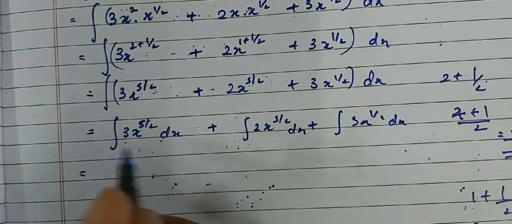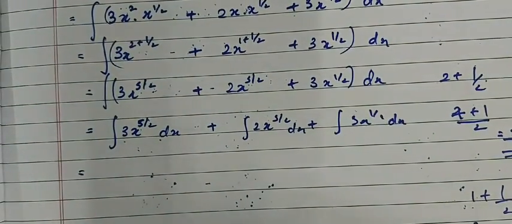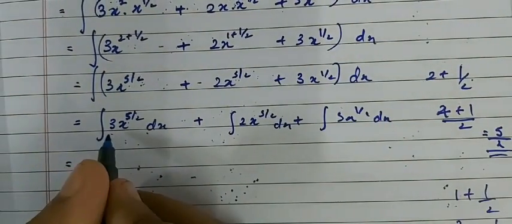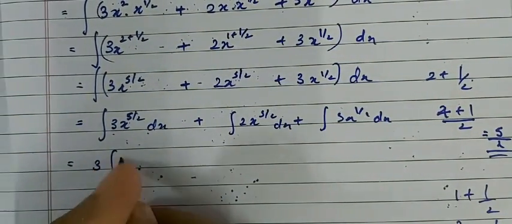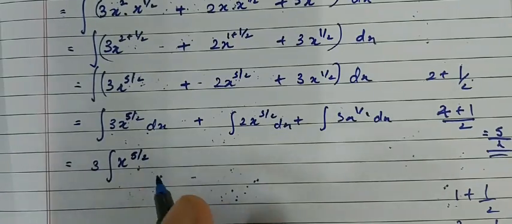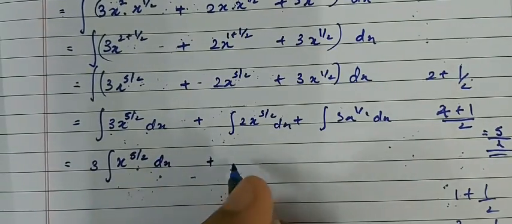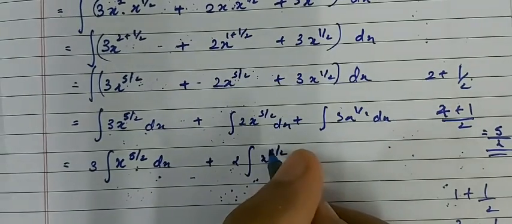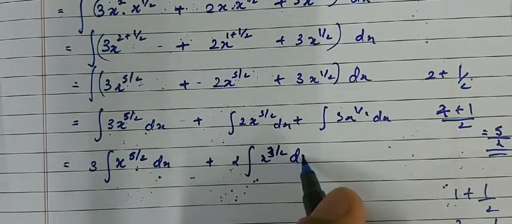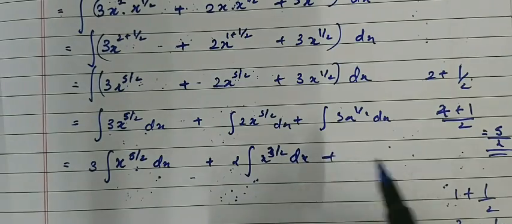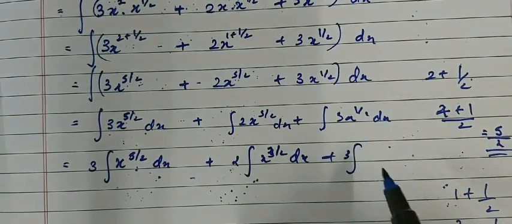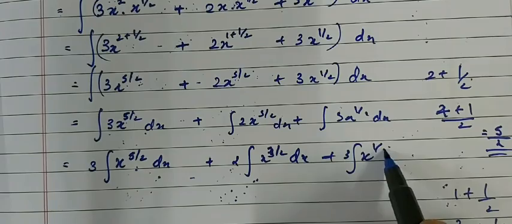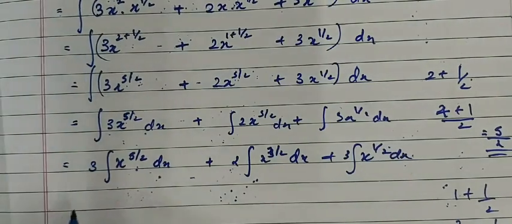Now we can take this 3, this 2, this 3 outside because they are constants. So 3 into the integral of x raised to 5/2 dx plus 2 into the integral of x raised to 3/2 dx plus 3 into the integral of x raised to 1/2 dx.